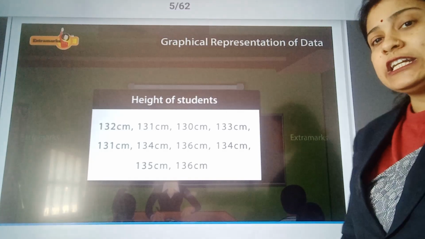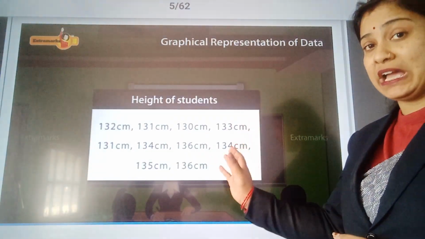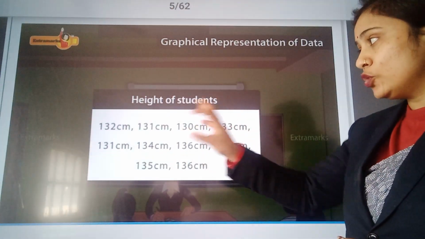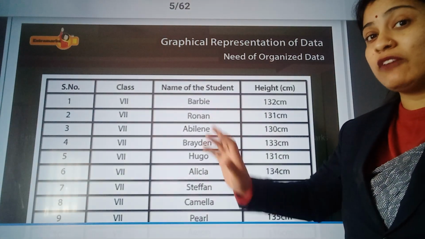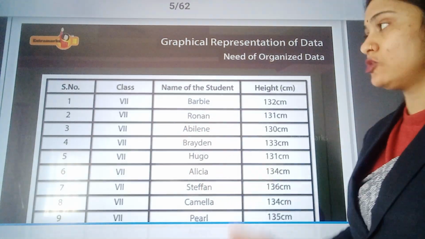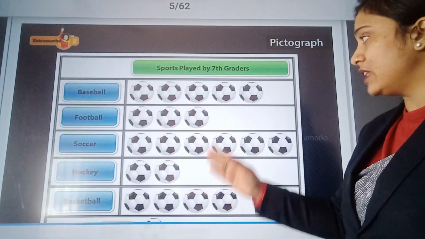Now in the class, let us see how many students have a particular height. This is the data for 10 students with their respective heights. The data given was in the form of random data. Now we have organized this data and arranged it systematically, as per the class and the names, and then categorized it.